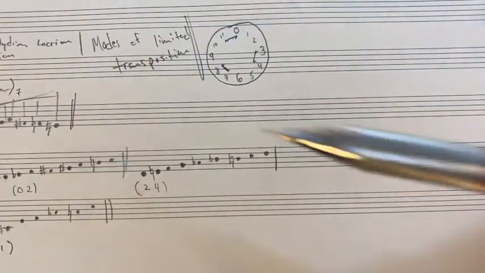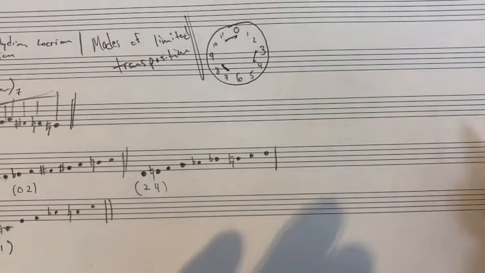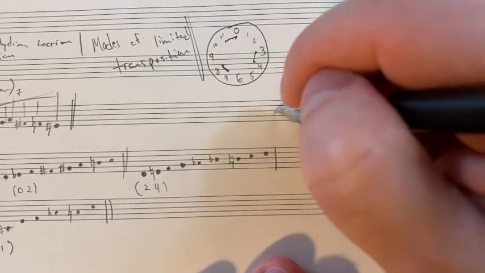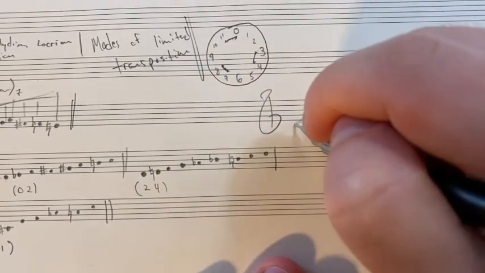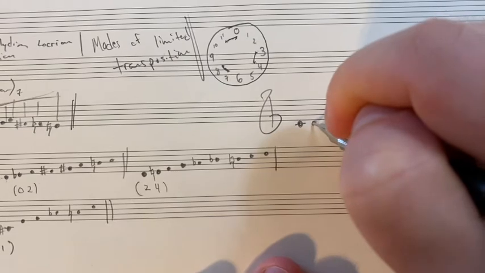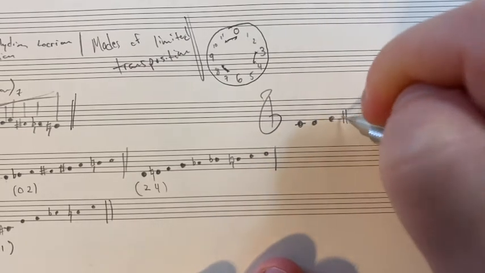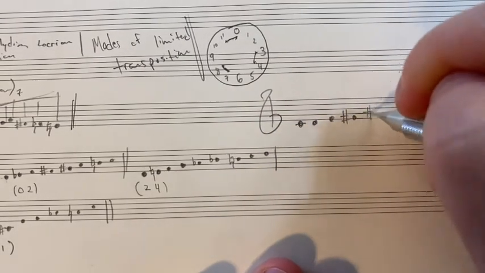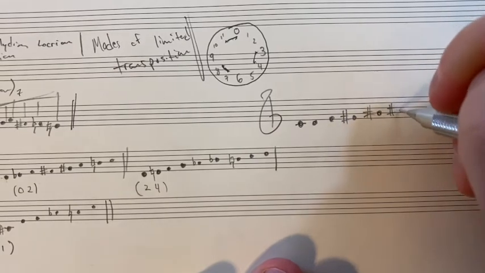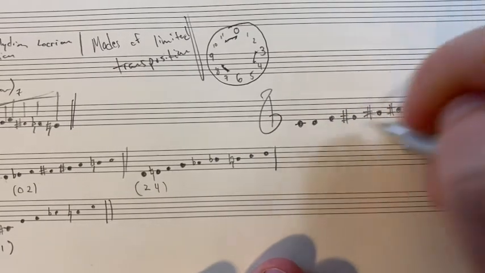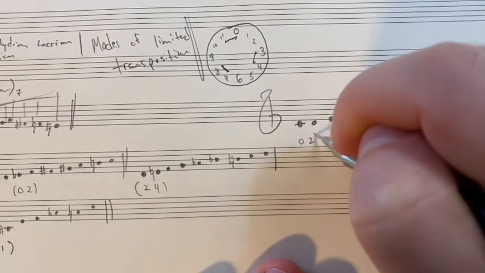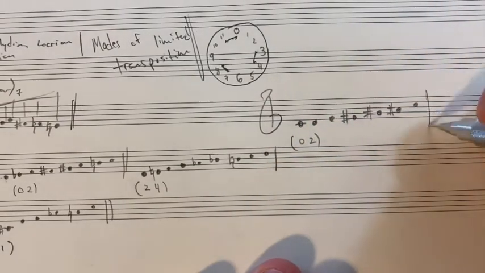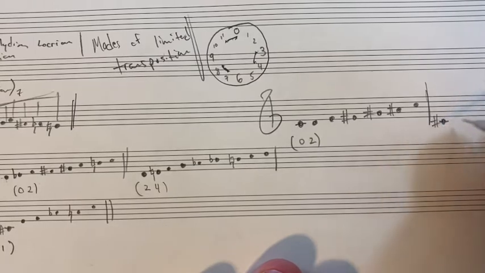These include hexatonic, octatonic, and then a bunch more that he gave names to. Also includes everyone's favorite, the whole tone scale, which is also a symmetrical scale. This we would call the 0, 2 whole tone scale. Or if you like, we could start on C sharp.